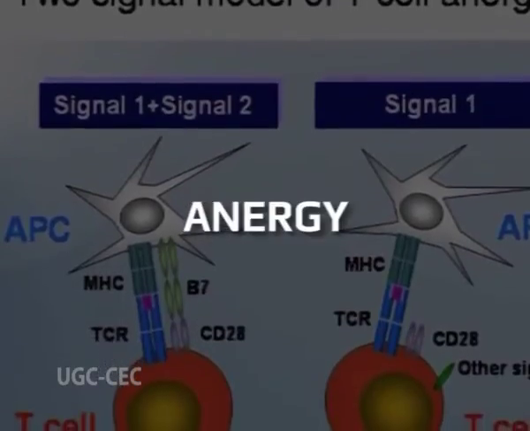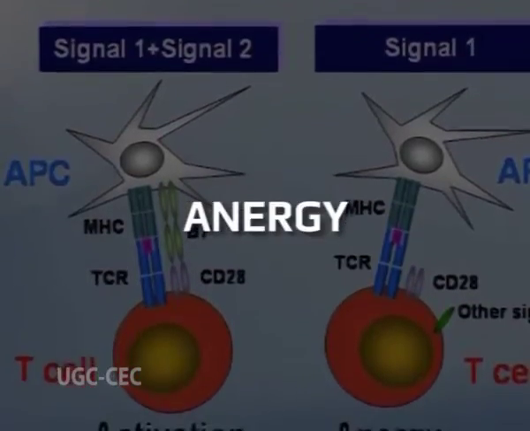Now come to the anergy. Anergy in T cells refers to long-lived functional unresponsiveness that is induced when these cells recognize self-antigens. Self-antigens are normally displayed with low levels of co-stimulators.